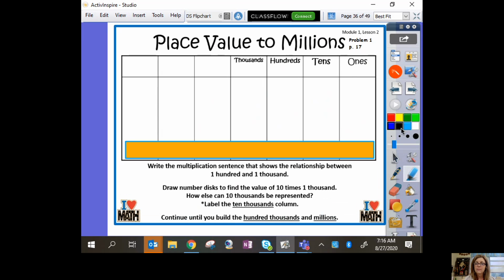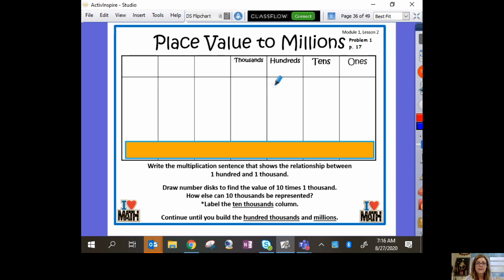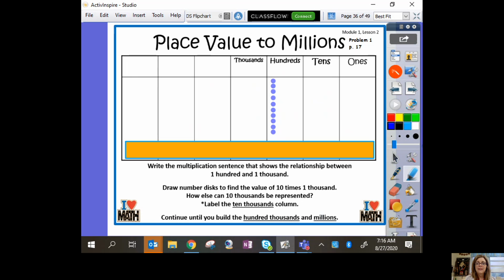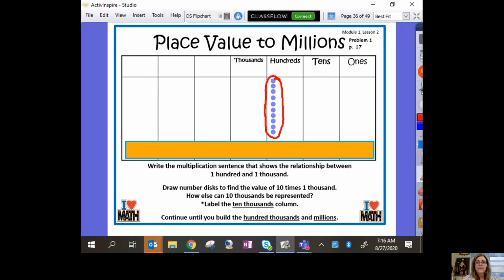So I know if I have 100 and I multiply that by 10, then I would break that down into my 10 hundreds. And when I have 10 hundreds, I can group those as 1,000.